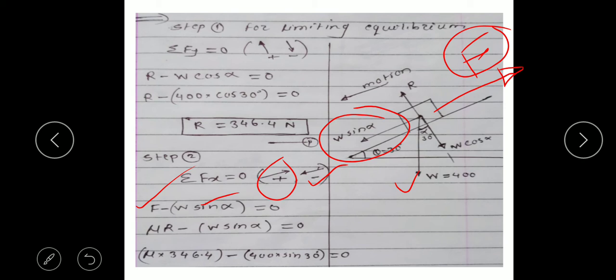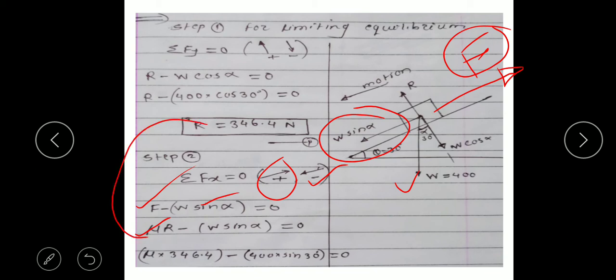We all know F is nothing but mu into R. That's why mu R minus W sin alpha equals 0. In every numerical solution, we put mu R instead of F. We know the value of R, so put the value of R into this.